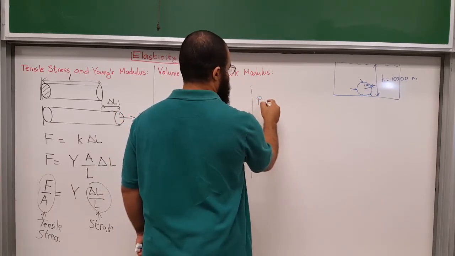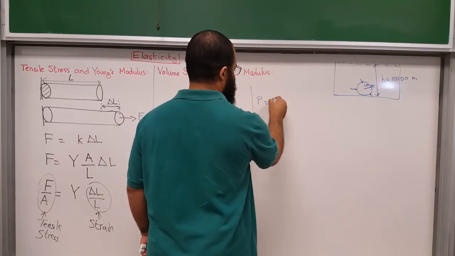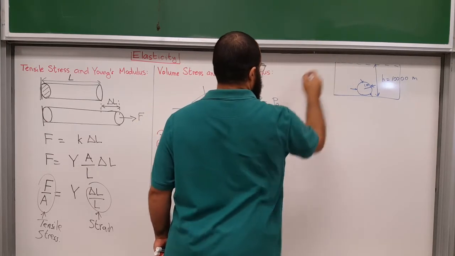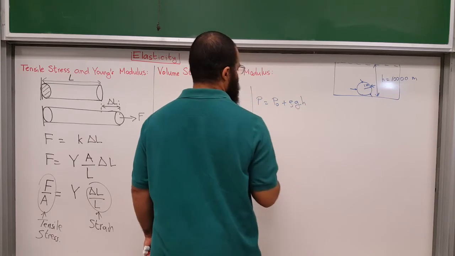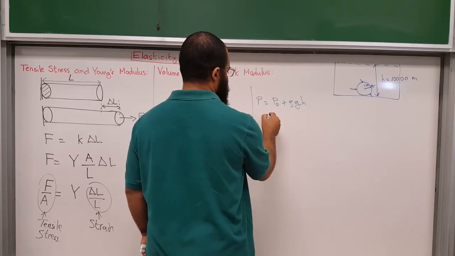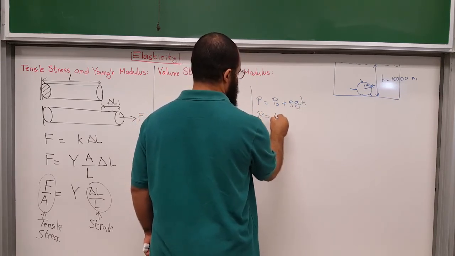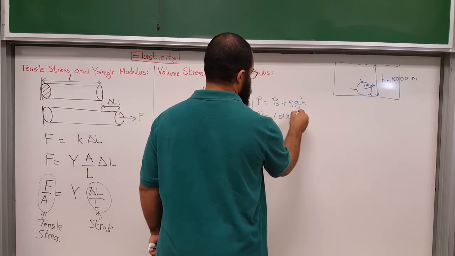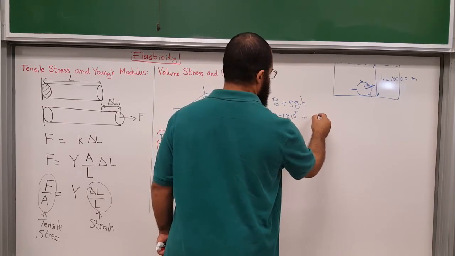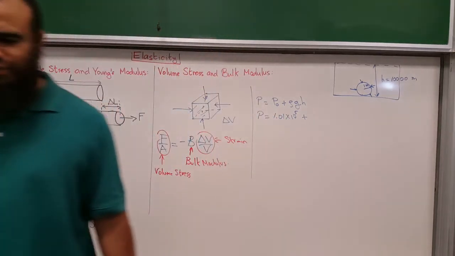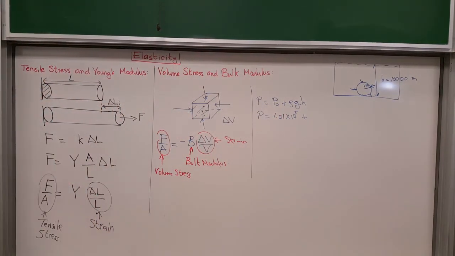So the pressure at 10,000 meters would be the pressure initially here, which is the atmospheric pressure, plus rho g h. So the pressure would be 1.01 times 10 to the 5th, that's the atmospheric pressure, plus rho. For ocean water, I think it's about 1,050 or so.